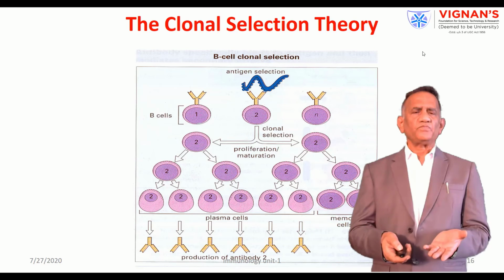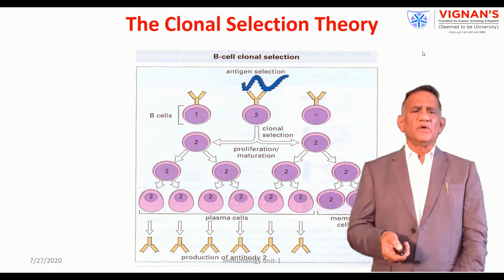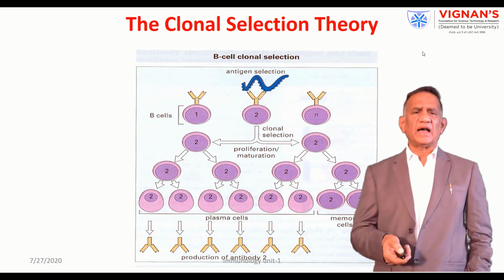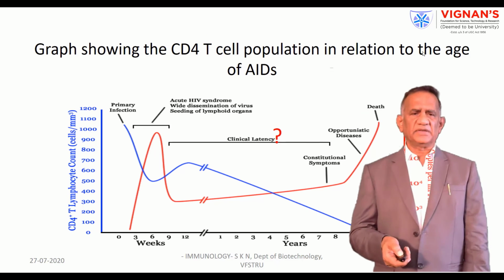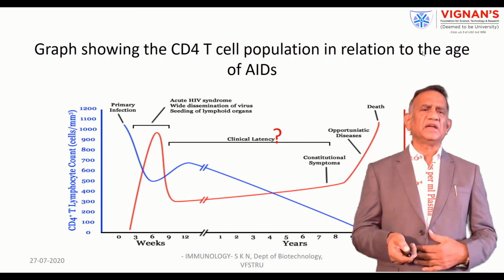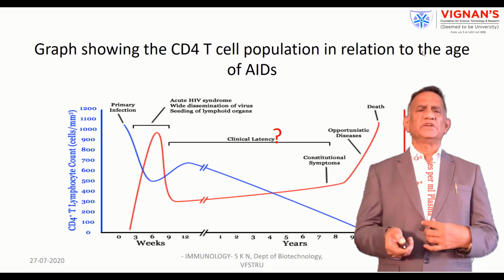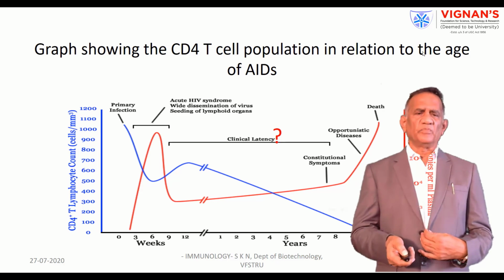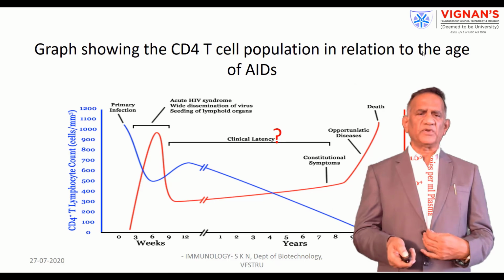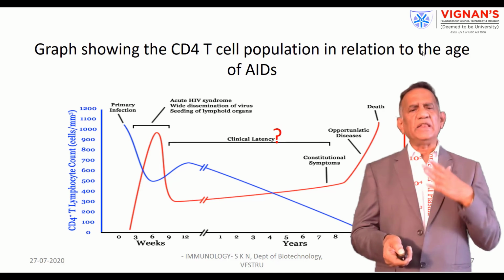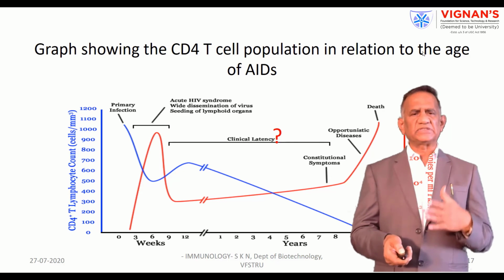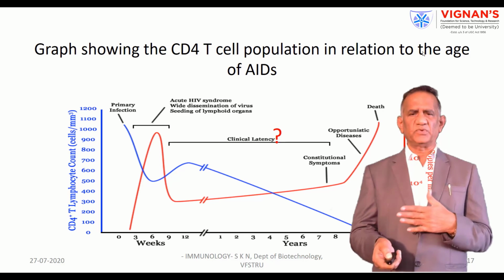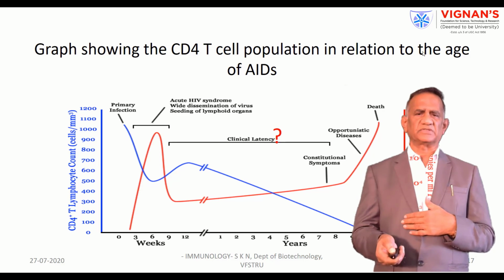So this is again the CD4 T cells. Whenever a person is infected with the HIV virus, let us say in the 3rd week, his CD4 T cells are at 1200 count. As the infection keeps progressing, by the end of the year, the T cells come down to 600. Due to clinical latency, the infection prevails up to 6 to 8 years.